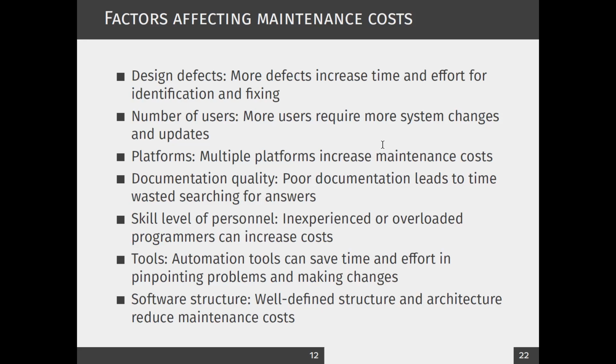A well-defined structure and architecture reduce maintenance cost. So identifying a proper software structure is very, very important, because that will reduce the burden of maintenance. Okay, so what we have discussed here is what factors affect the maintenance cost.